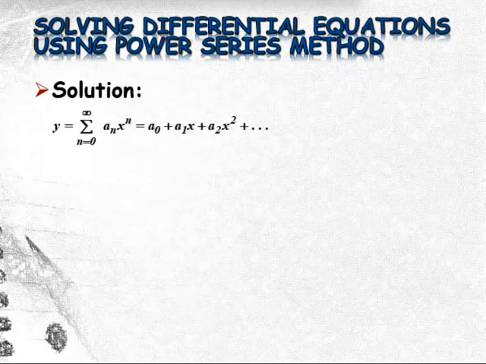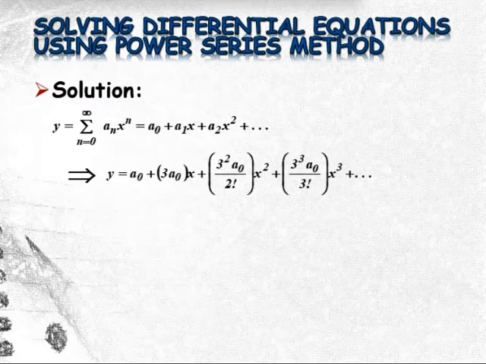So let us substitute the values that we get from n equals 0, n equals 1, n equals 2 to the assumed solution, and you will end up with y equals a sub 0 plus 3 a sub 0 x plus 3 squared a sub 0 over 2 factorial x squared plus 3 cubed a sub 0 over 3 factorial x cubed, and so on.